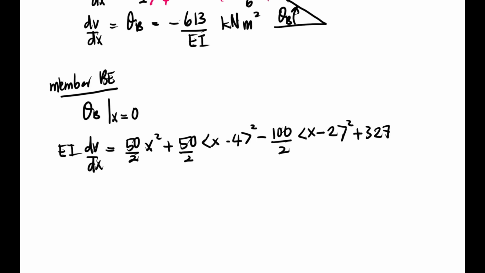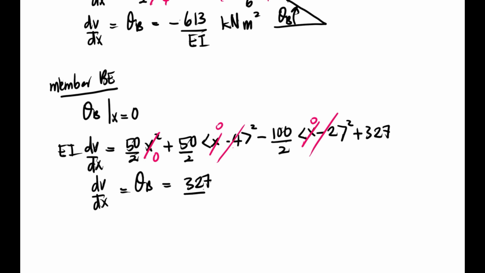Here we substitute x equals 0. So 0 minus 4, the negative 4 cancels. 0 minus 2, the negative 2 cancels. Therefore we can find dv/dx equals theta B equals 327 over EI kilonewton meter square. So here is theta B.